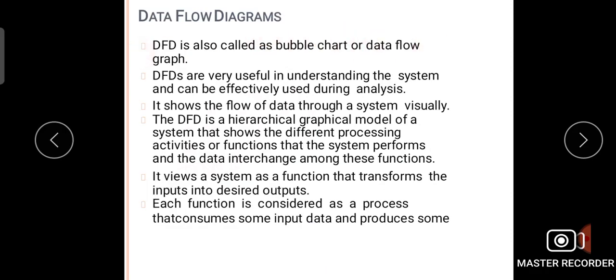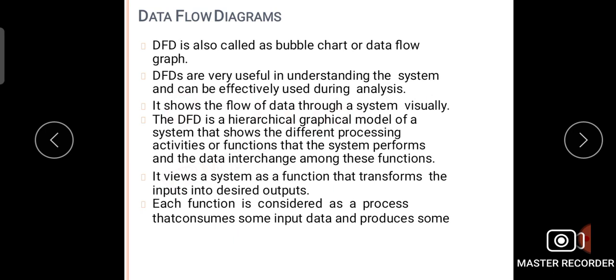DFDs are very useful in understanding the system and can be effectively used during analysis. It shows the flow of data through a system visually.